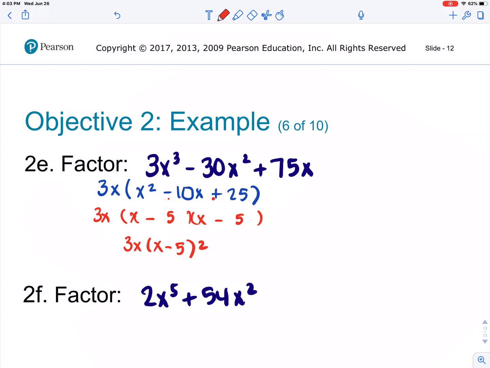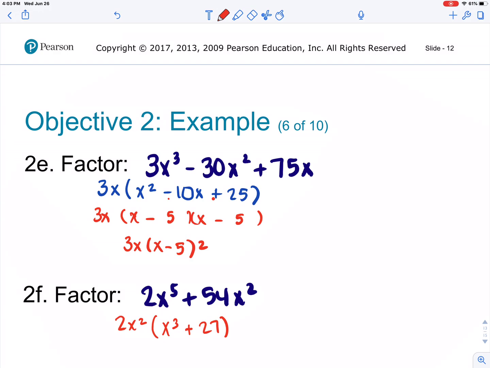All right, next one. So I got a 2 and a 54. Those are both divisible by 2, and I got an x squared. So let's see, I can pull out a 2x squared. 2x to the 5th divided by 2x squared would be x to the 3rd. 54 divided by 2 is 27.